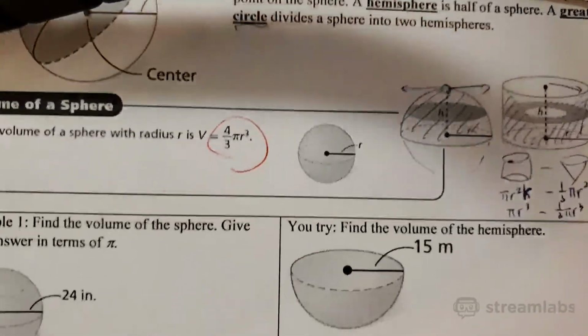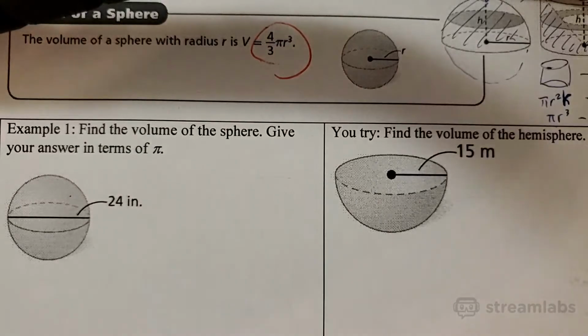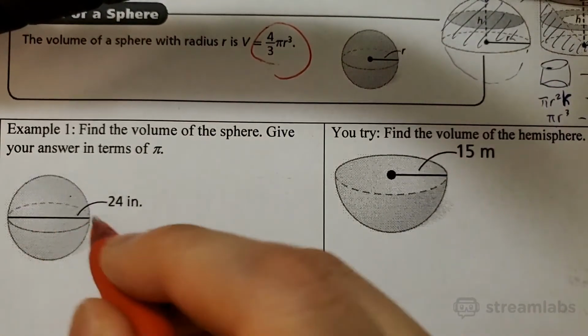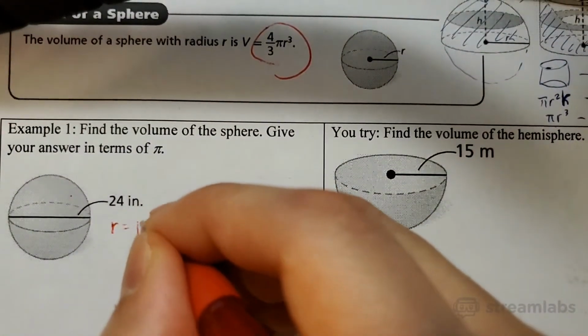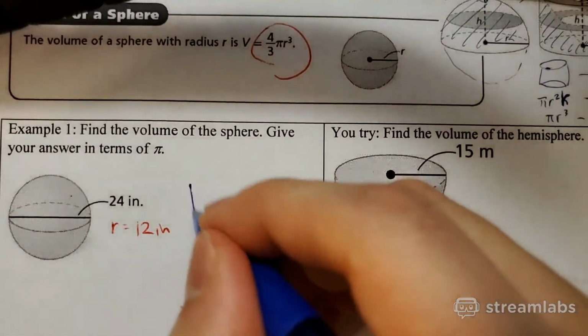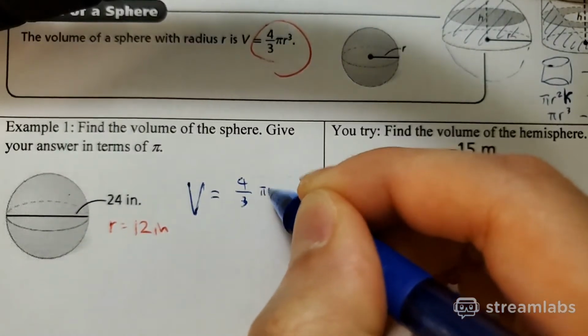So look at the bottom here. Find the volume of a sphere. Give your answer in terms of pi. So pretty simple. You have 24 as the diameter, so the radius is 12, right? 12 inches. So volume equals 4/3 pi r cubed.